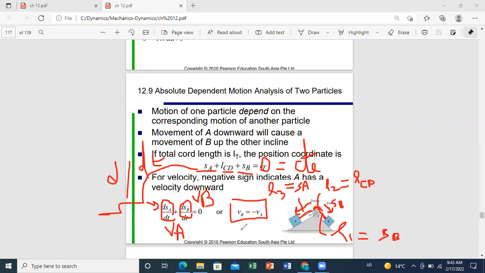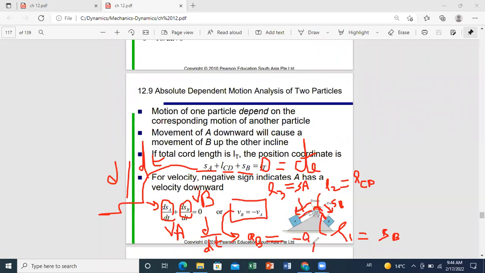And then once you get a relation between the velocities of your two blocks, you can derive again with respect to time, and you get that AB is equal to minus AA.